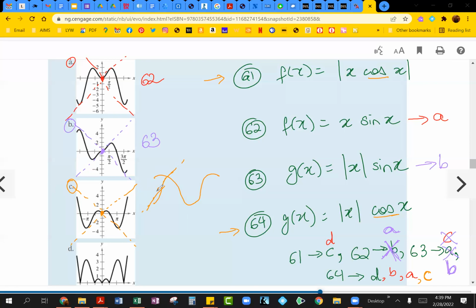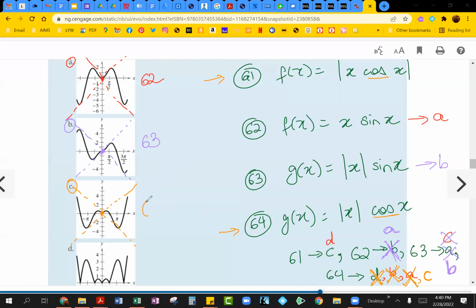So you won't have that +1 where you can have the maximum value on a cosine function. That gets switched because of your damping factor, because of the absolute value of x. So yeah, very nice, Lucy, we do end up with graph C with the function 64.